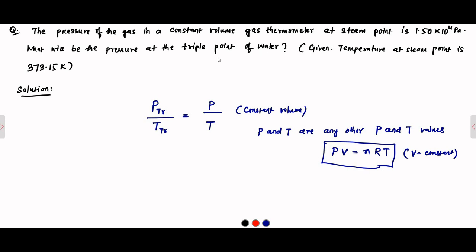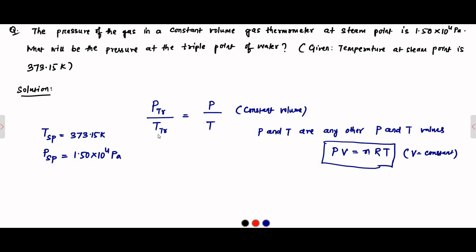The temperature at the steam point is equal to 373.15 Kelvin, and the pressure at the steam point is 1.5 into 10 to the power 4 Pascal.